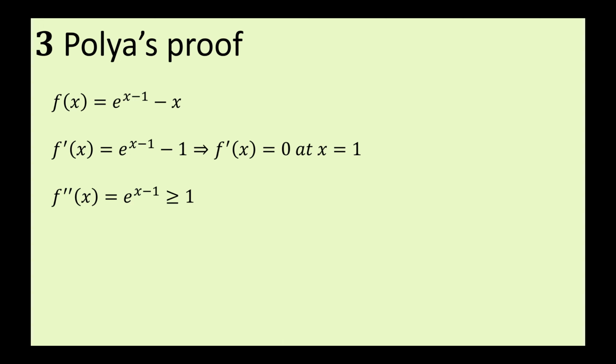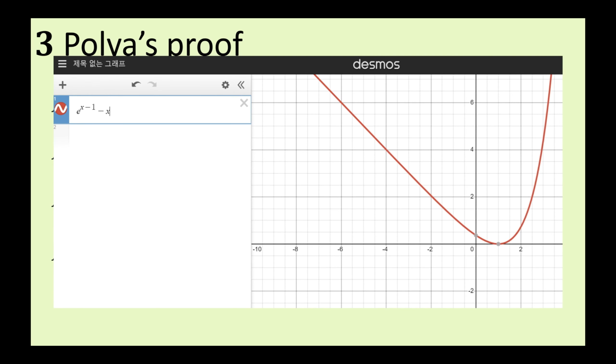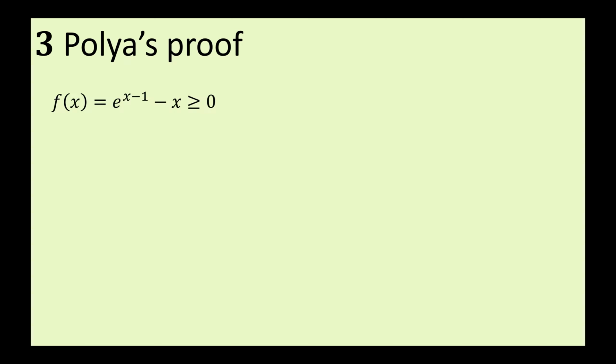Number 3. This proof is usually called Polya's proof. Let us think of f(x) equals e to the power of x minus 1 minus x. When we think of the derivative of f(x) and the second derivative of f(x), the second derivative is always larger than 0. The graph of f(x) is like this. You can see that f(x) is always equal to or larger than 0. Plug x into both sides of the inequality. Then e to the power of (x minus 1) is equal to or larger than x.